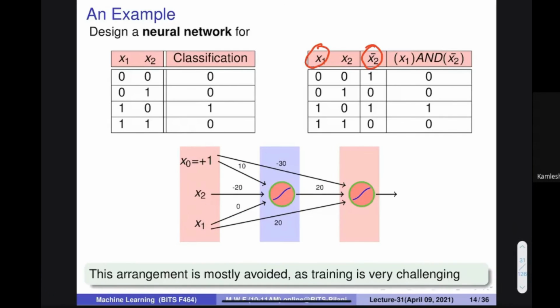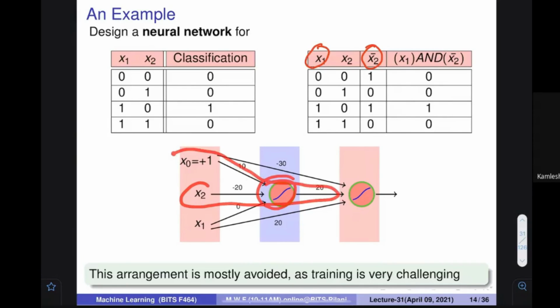So I have deployed this perceptron that gives you the x2 bar at this particular place. So for this, what is the input? x2 bar and x1. And using these things, you know what the output is. This is going to be the output.